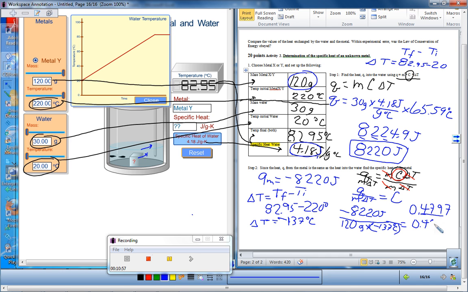So I'm saying it right, 0.480. That's going to be joules per gram degree C. So hopefully that's the number you're getting from all of this calculation here, instead of my erroneous ones before.